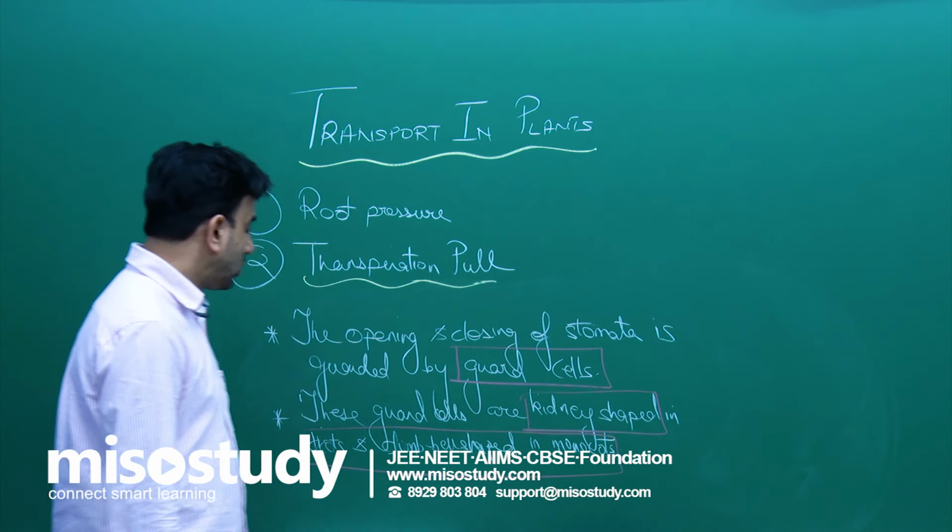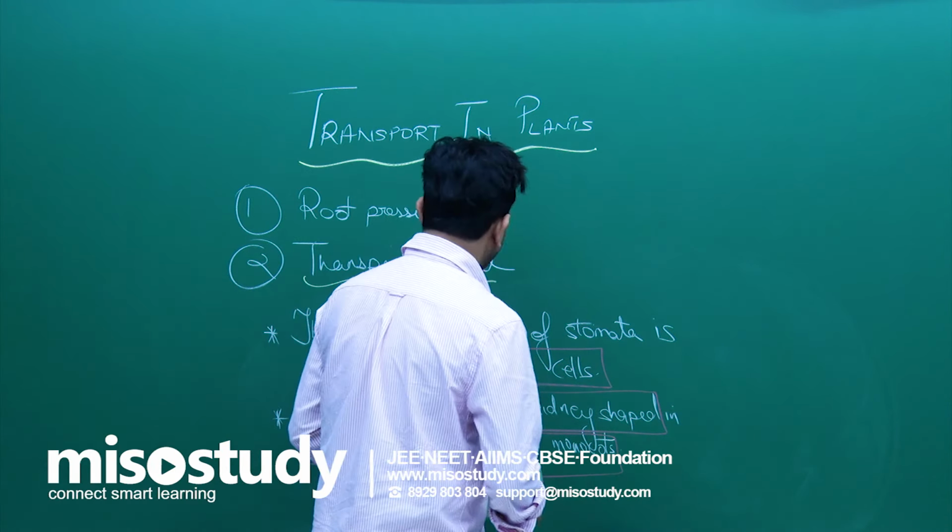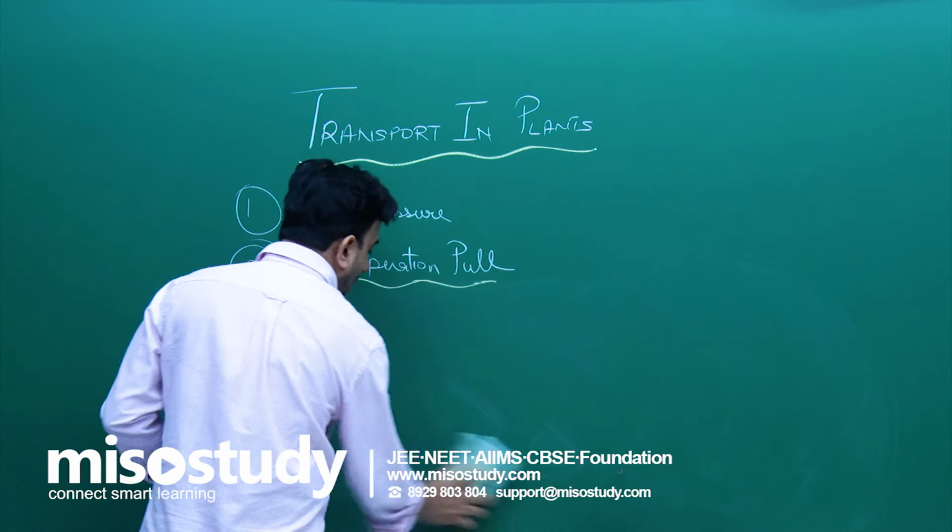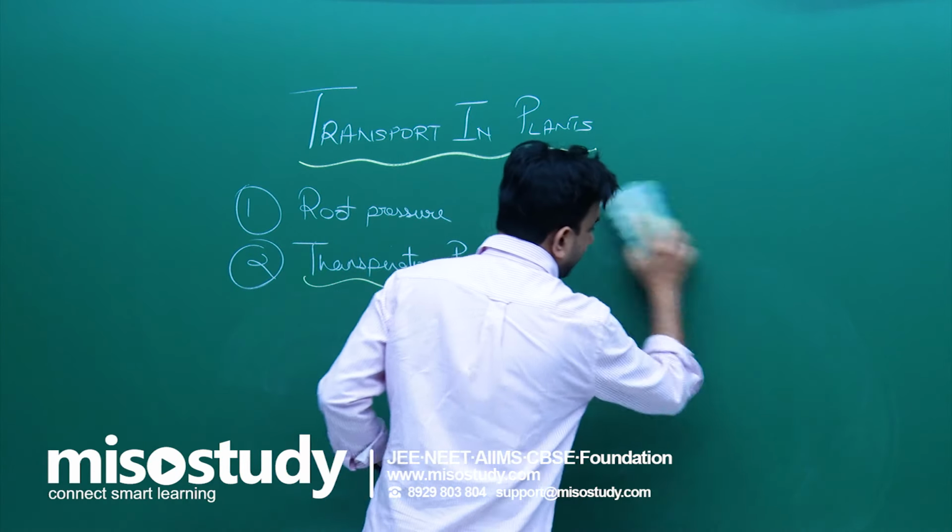So what do we want to understand over here? When I'm drawing the guard cell, right?